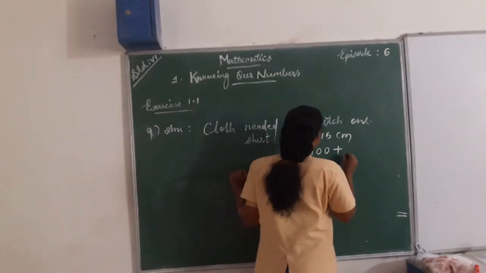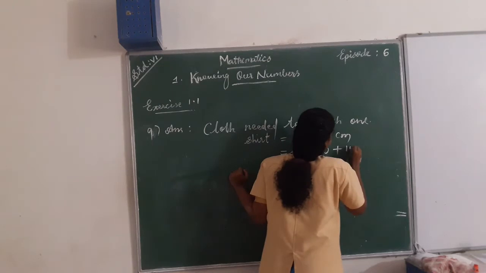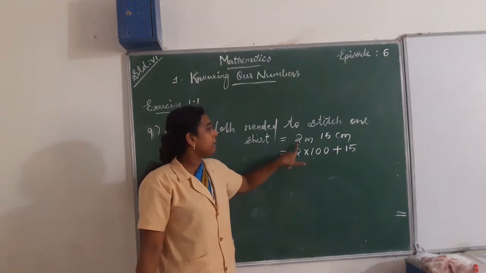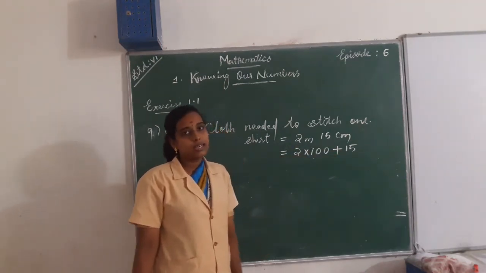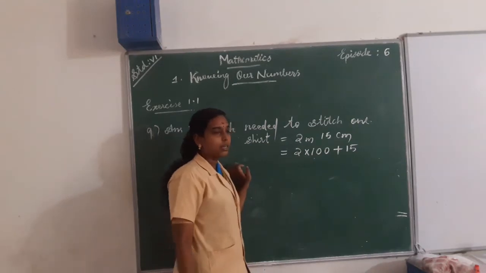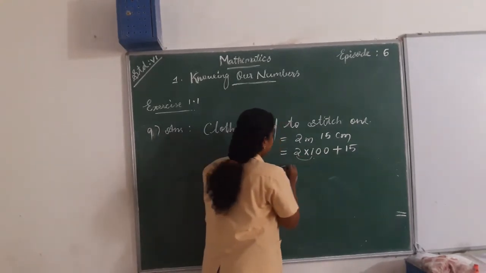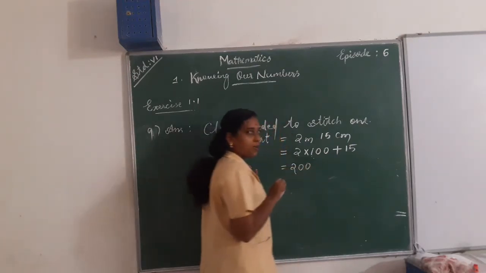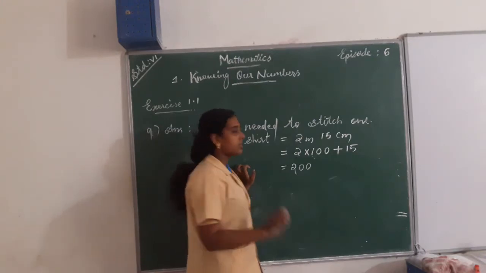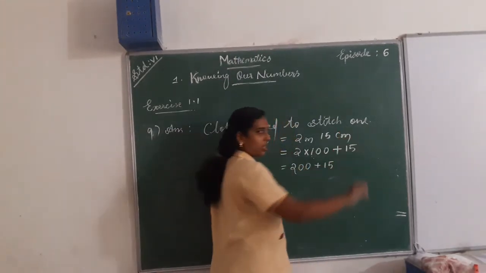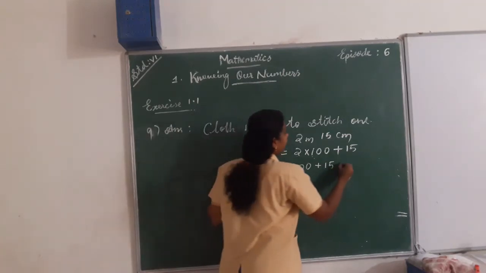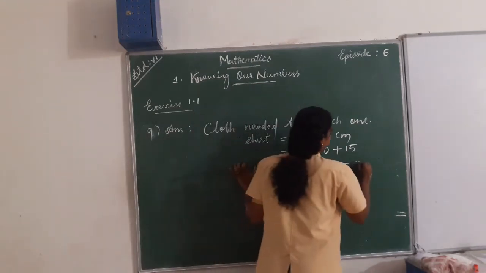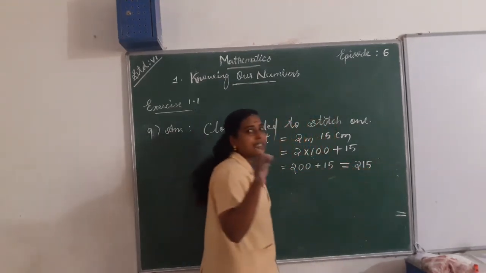We cannot convert 15 into another unit. 2 into 100: 1 into 2, and in 100 there are 2 zeros, so we put 2 zeros. 200 plus 15, and we get 215.